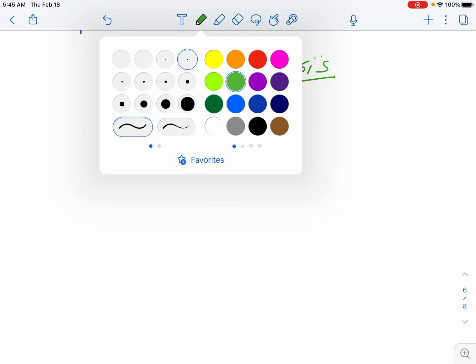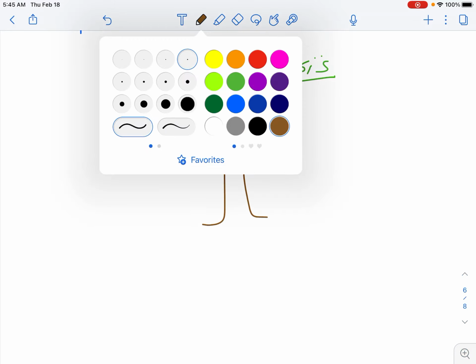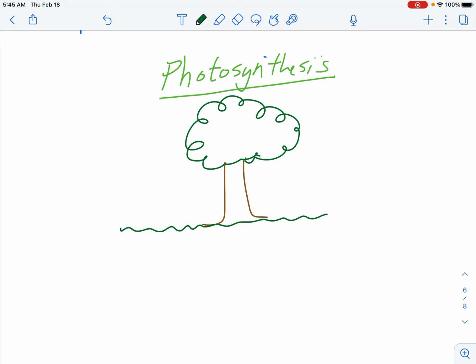So I'm going to go ahead with my tree. Maybe draw some grass along here. So we're just starting on with a simple drawing.